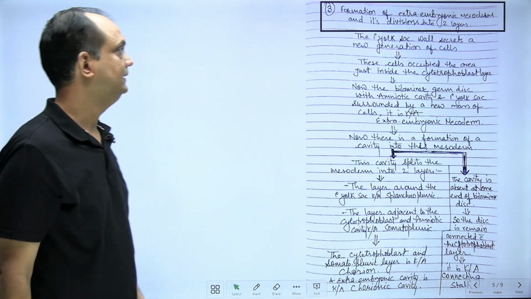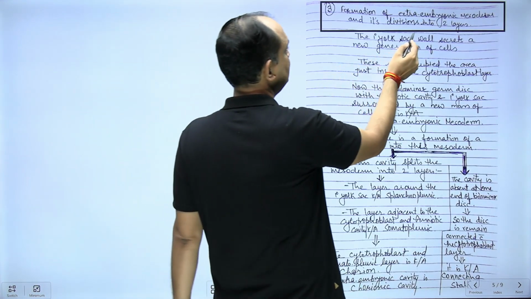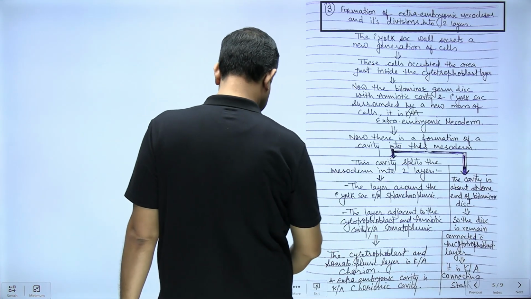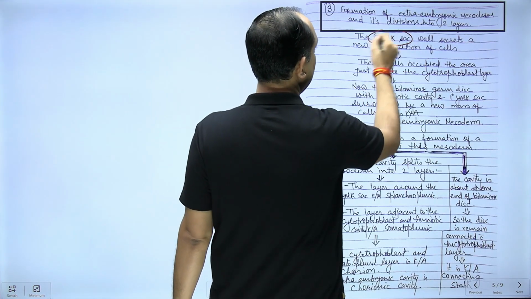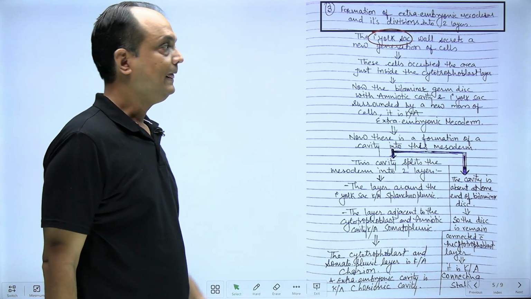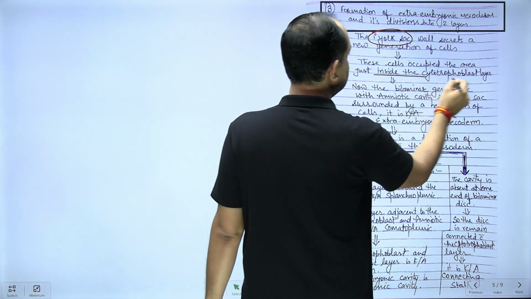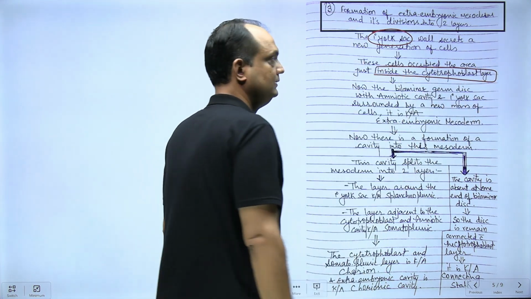So what will happen here? The wall of the primary yolk sac will secrete a new generation of cells, and these new cells occupy the area inside the cytotrophoblastic layer.